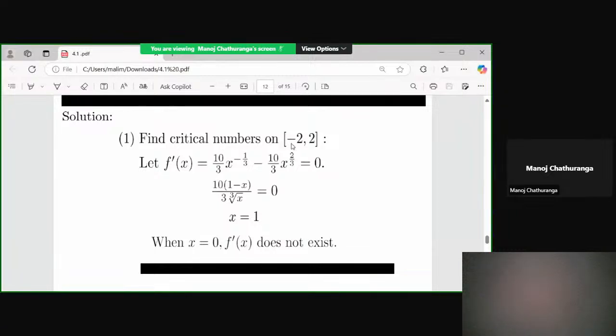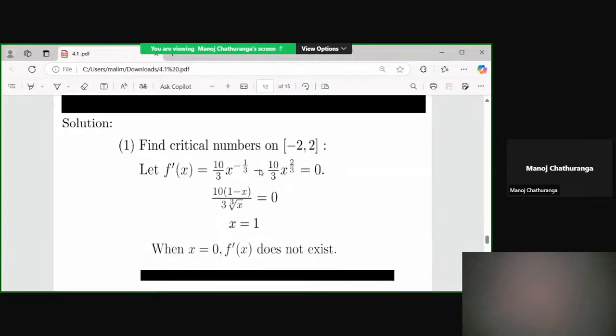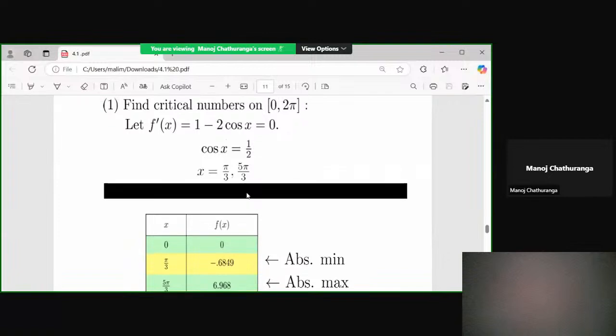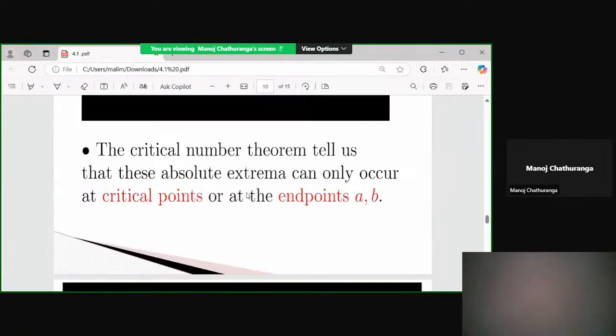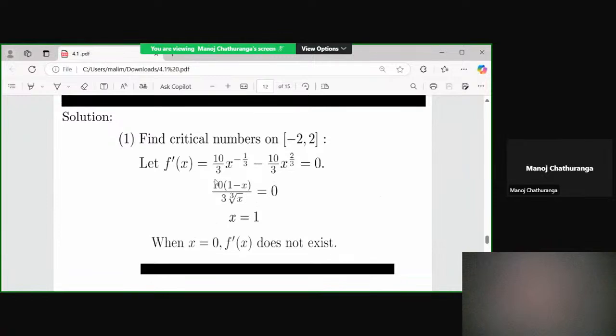So -2 to 2, this is the function, or this is the derivative. I don't want to give you the function, but let's say this is the derivative.